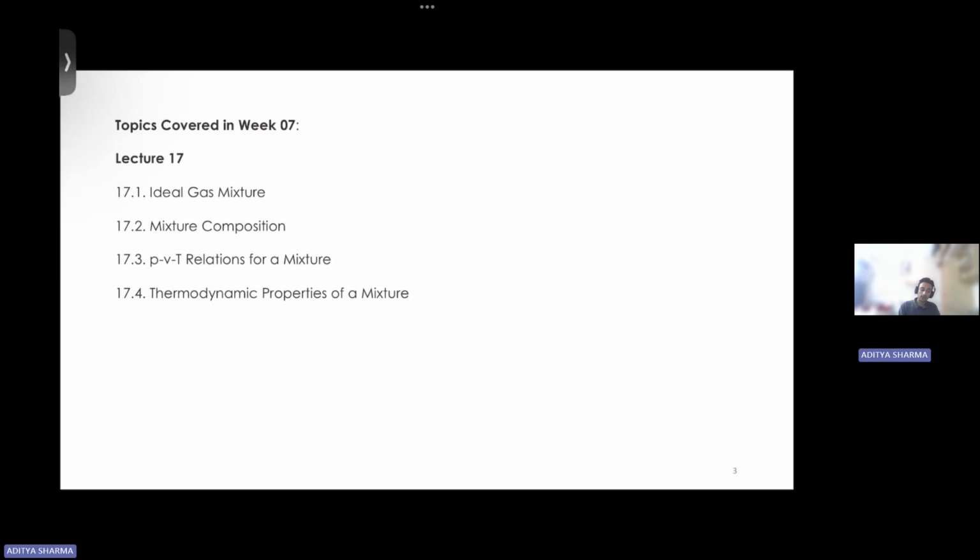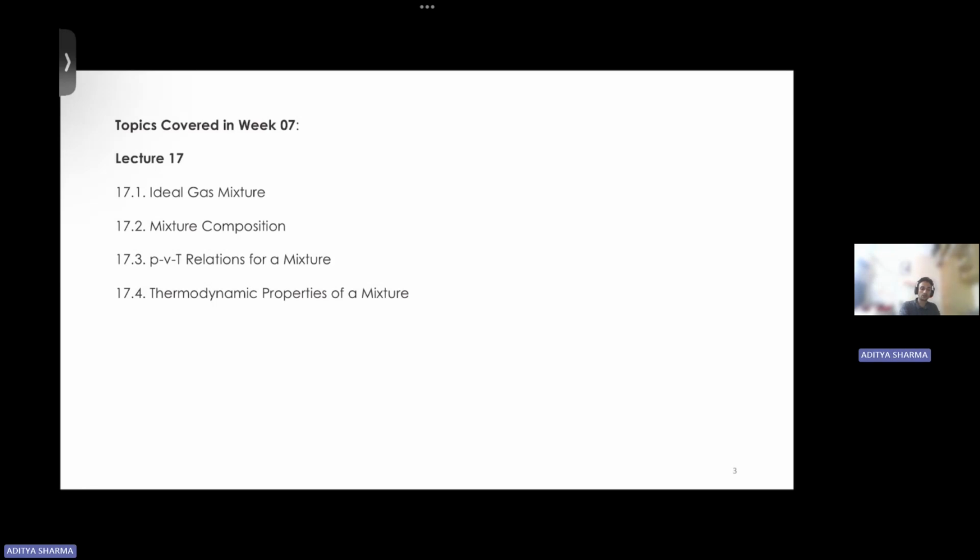So in that line, in the last week's discussion, we saw properties like chemical potential, and fugacity.